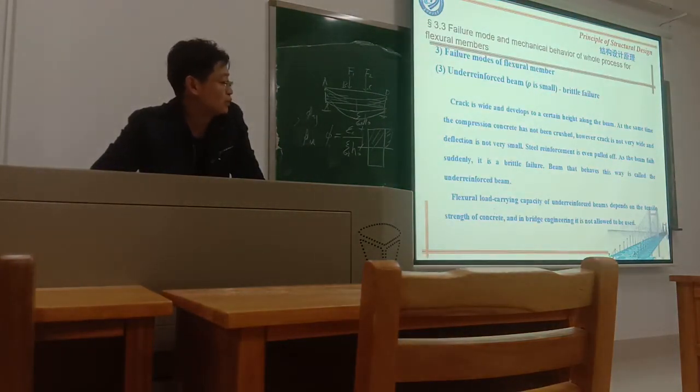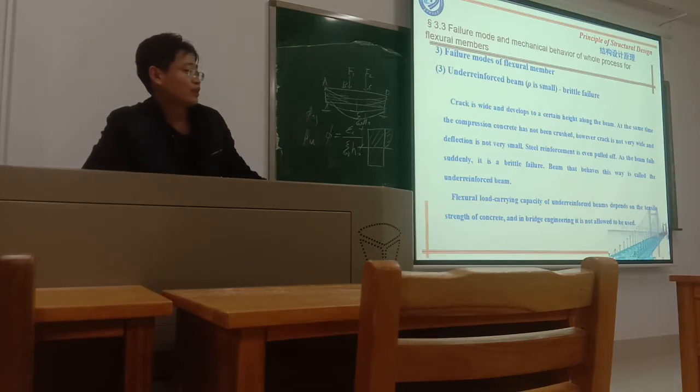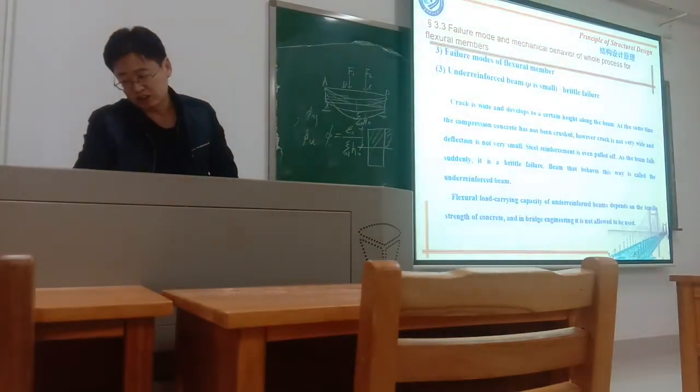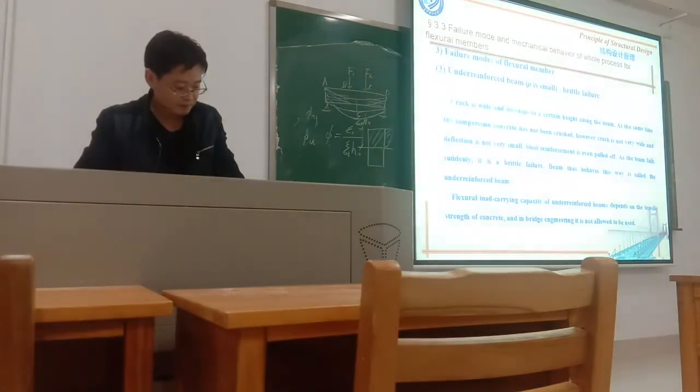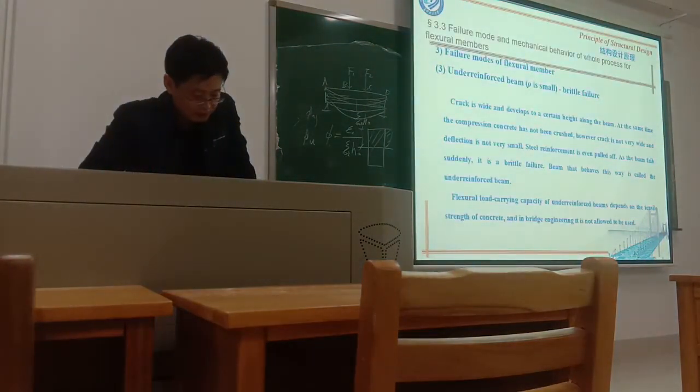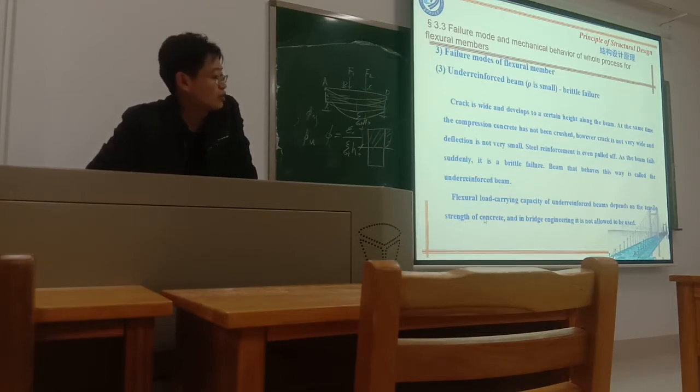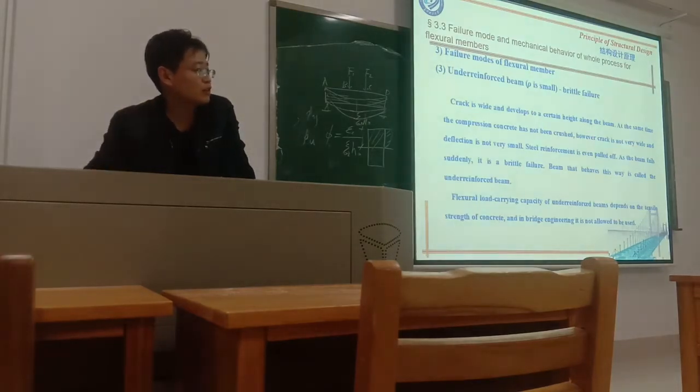Both of these have no relation with the strength of the steel. So under reinforcement is related to the tensile strength of concrete, and over reinforcement is related to the compressive strength of concrete.